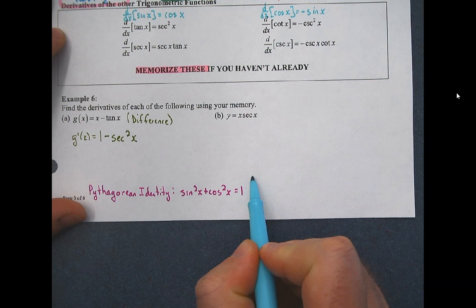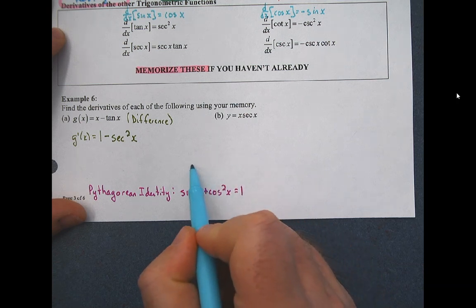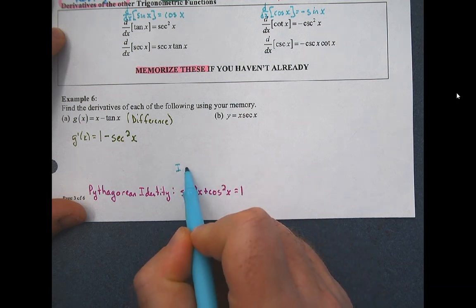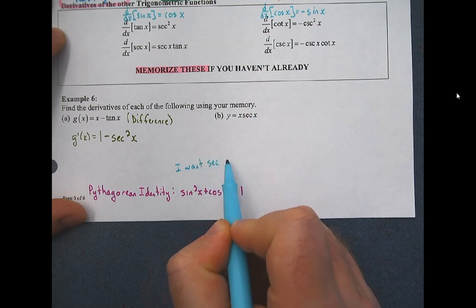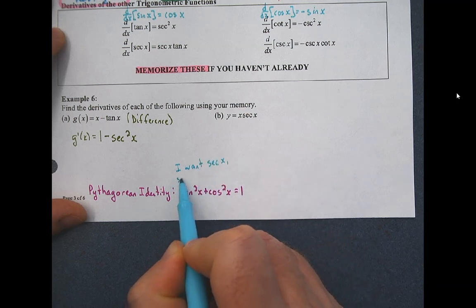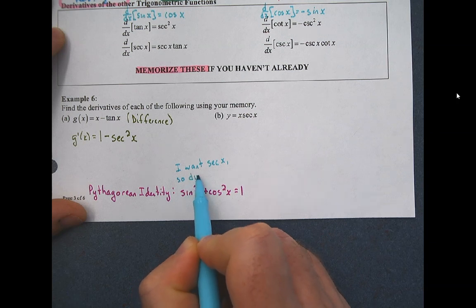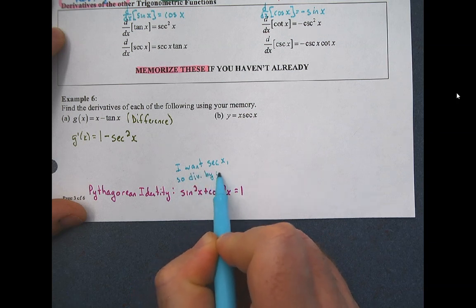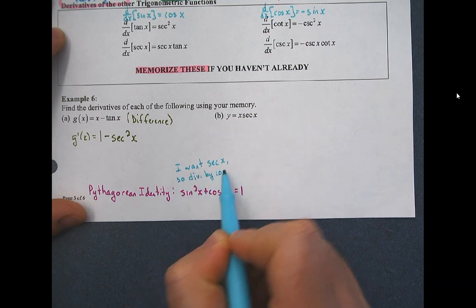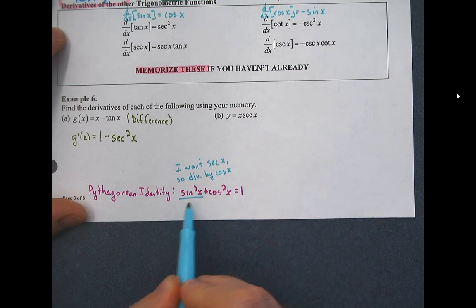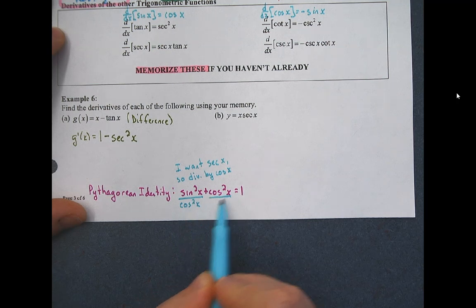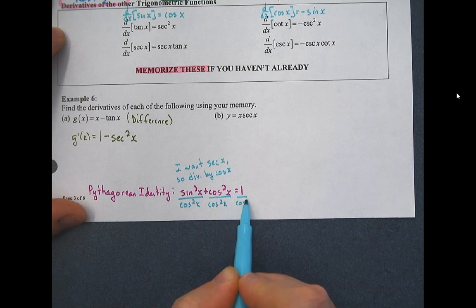So I'm going to divide each piece of this by cosine squared x.